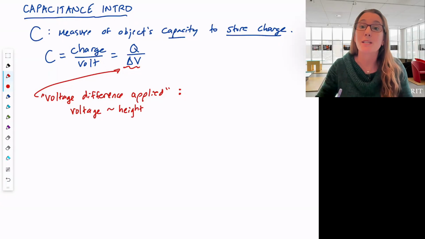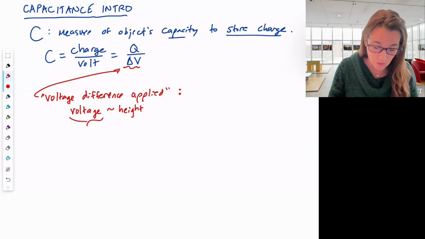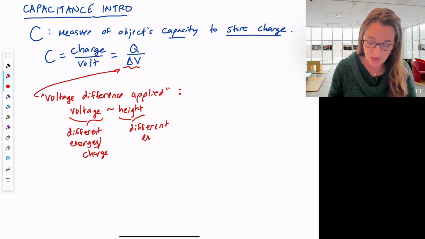We'd have these equipotential surfaces that you can view as being at different energies. Each voltage is a different energy per charge, and each height was a different energy per mass.